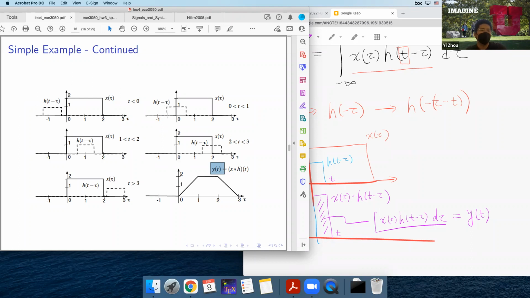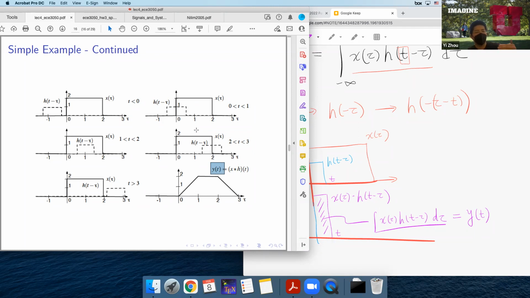Intuitively, we can see that at the very beginning, once we slide this smaller rectangle into the larger rectangle, as the time shift t increases, the overlapping area will also increase at a linear rate. That's why at the very beginning the convolution value is linearly increasing, because this overlapping area starts to increase when we slide this smaller rectangle into the larger one.